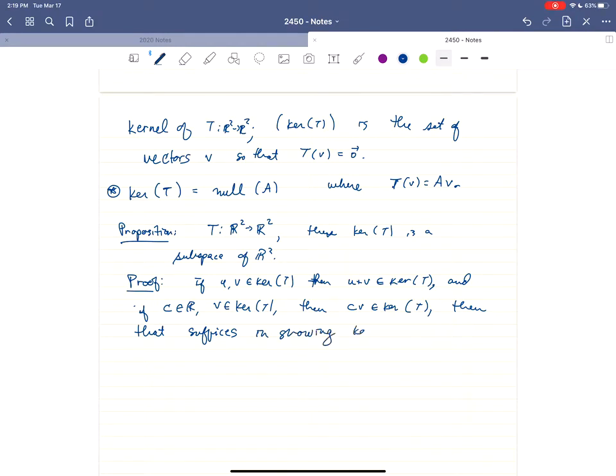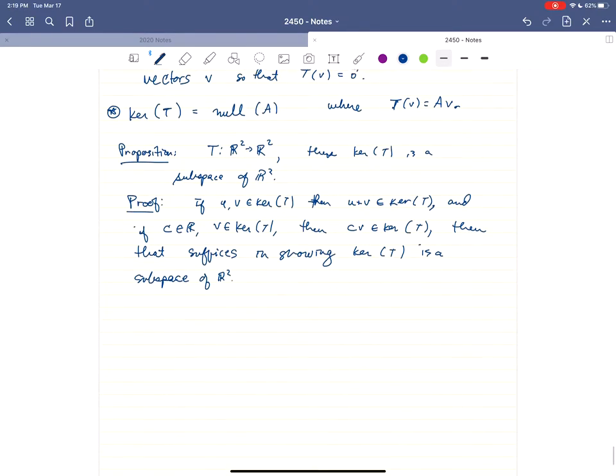So we have these two things to check. Okay, we have that the kernel is closed under addition, and we have that the kernel is closed under scalar multiplication, and if that's the case, that'll show that the kernel is a subspace of our domain, R2.